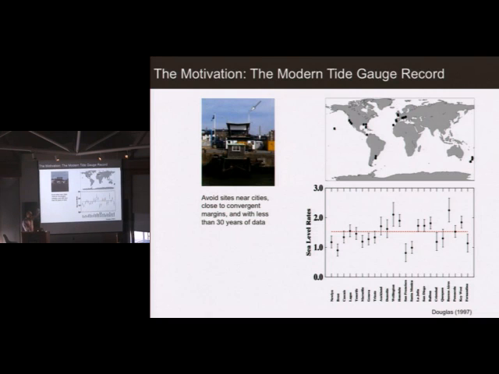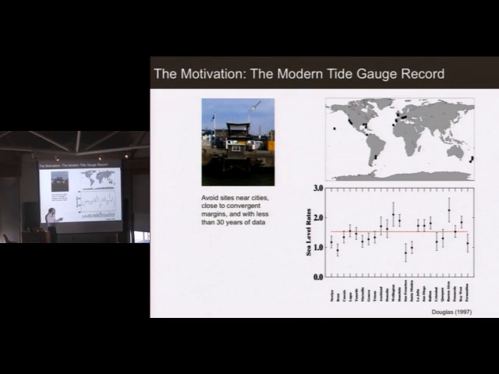These are sort of cylinders. You have a float in that cylinder. As water goes up and down, so does the float. You just have to record the float's level, and you do that continuously for hundreds of years in some cases, and you measure long-term trends in sea level. And if you do that, you get variations like this one.